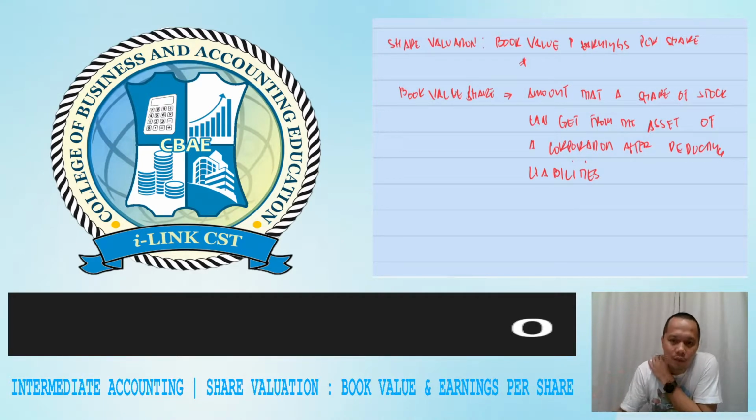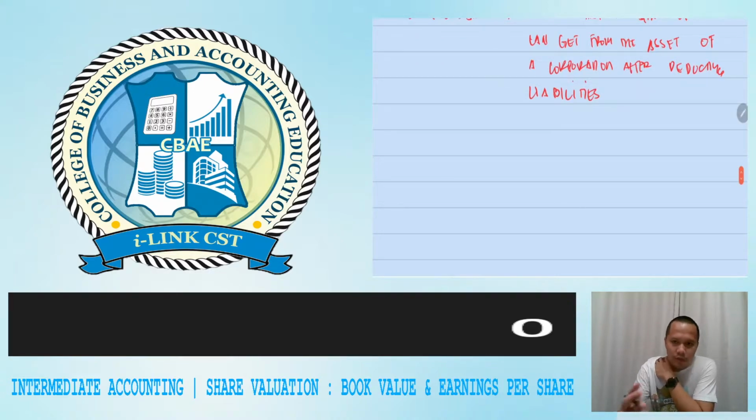So if we are to look at this simply, it is just a manifestation of our basic accounting equation, which is, di ba, asset is equal to liabilities plus equity. Di ba?